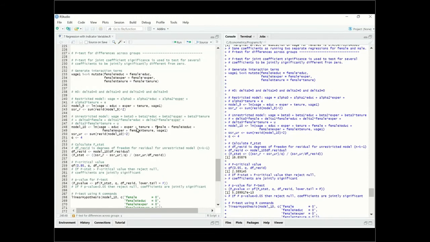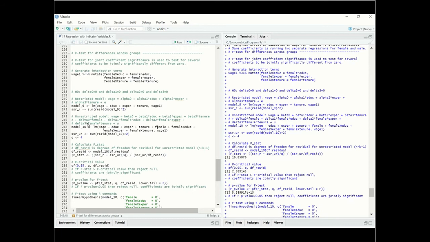The interaction terms are not included because these effects are restricted to be the same for male and female here. So effectively, we're testing the null hypothesis that all of these delta coefficients, on the female variable and on the interaction terms, are equal to zero. Are they significantly different from zero or not? That's basically the test that we're doing.